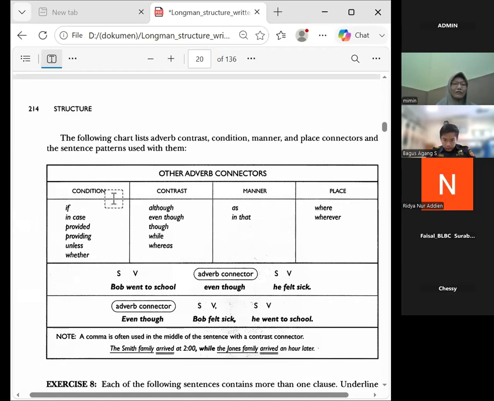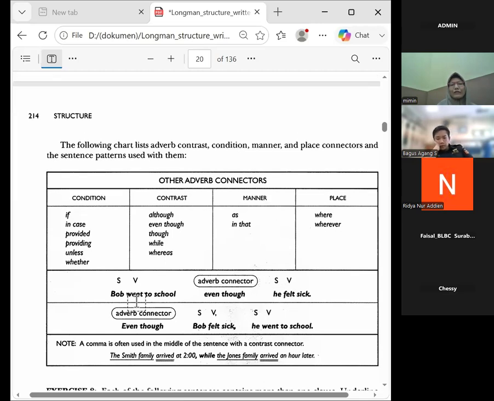Condition we have if, in case, provided, providing, unless, and whether. In contrast, we have although, even though, while, whereas. Manner we have as, in that, and place we have where or wherever. Well, the structure is the same as the previous other connectors with time and cost.